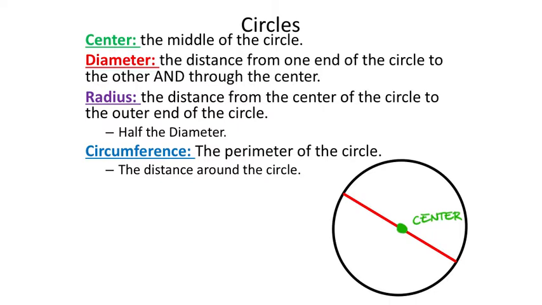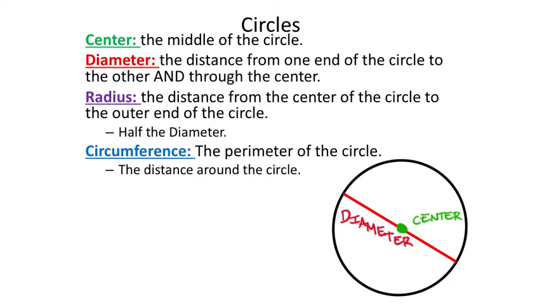The nice thing about the diameter of one circle is that it will not change, because the distance from one end of the circle through the center to the other end will always be the same. But for me, this red line here is my diameter. Okay, so that's the red line.